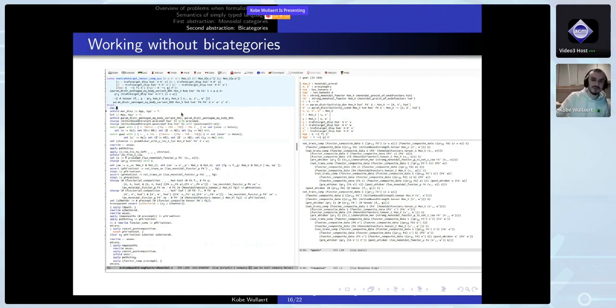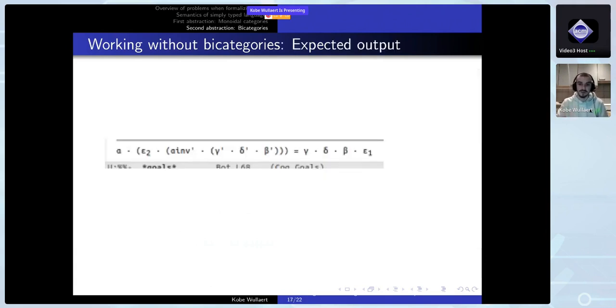Here we have not used this abstract setting of bicategories, but if we do a CBN command here, see the goal, it's unprocessable. You really have to make a big effort in order to read this. But if you would write this out on paper, the goal just looks something like this, which is much easier to work with.